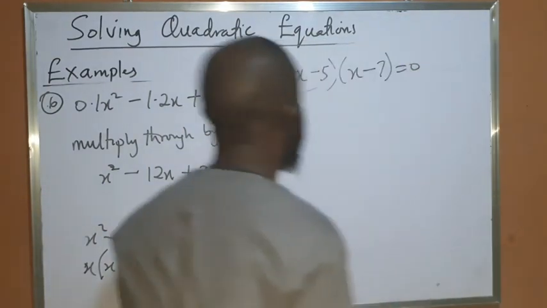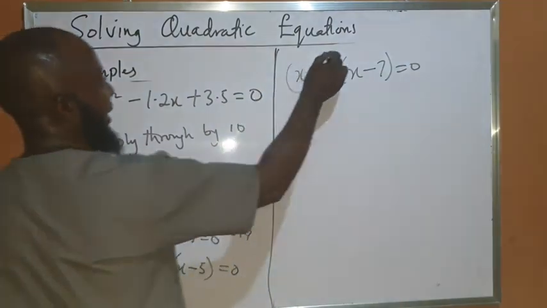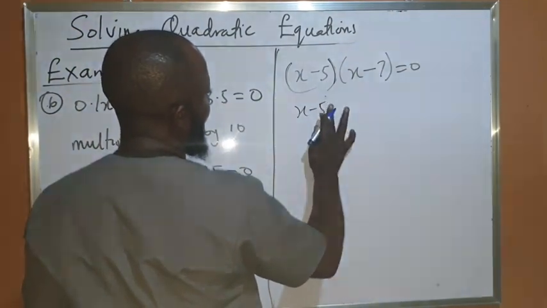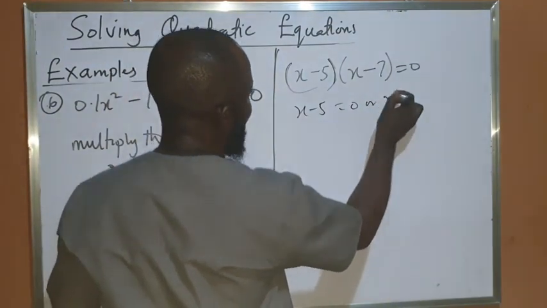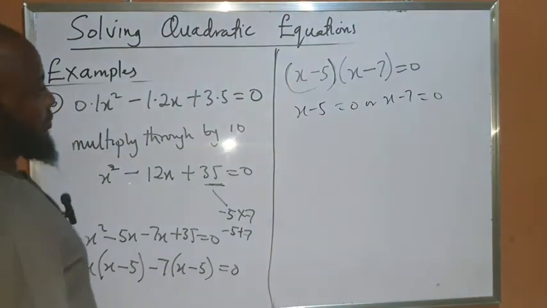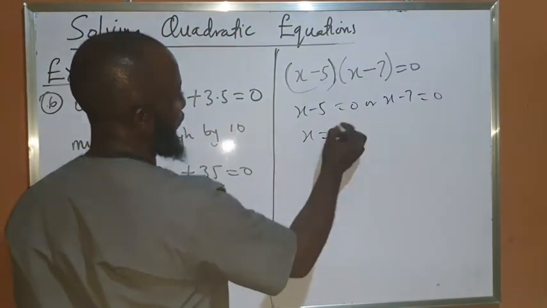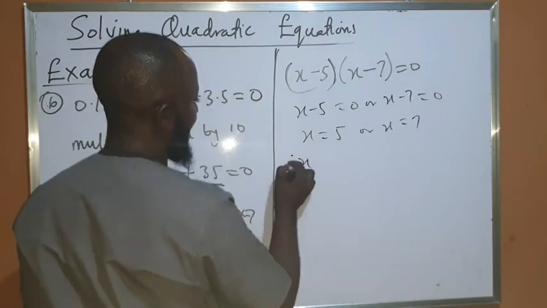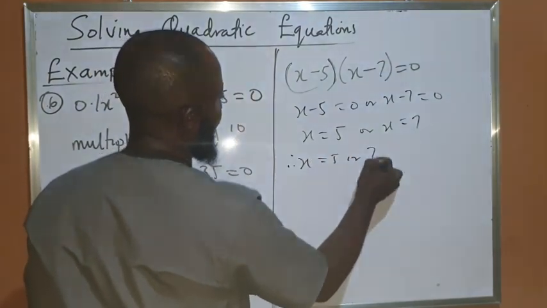Is that right? So from here now, we can equate x minus 5 equal to 0 or x minus 7 equal to 0. Is that clear? So this means x equals to 5 or x equals to 7. Therefore, x equals to 5 or 7.